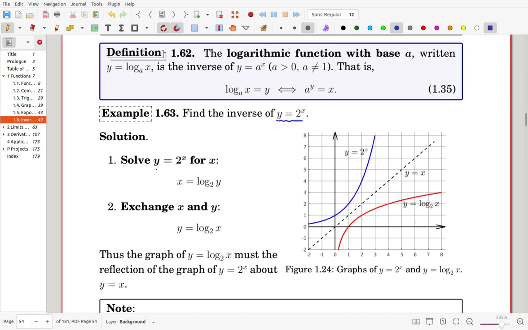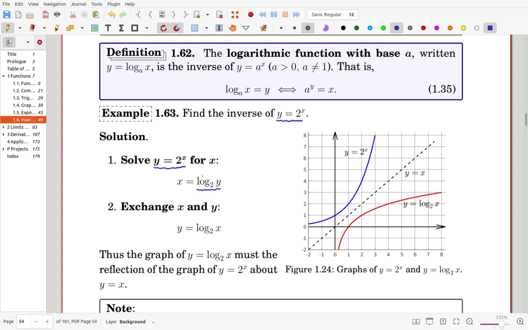Now, the first step of finding the inverse is solving for x. We have to solve it for x, but it is not elementary operations like addition, subtraction, multiplication, and division. So symbolically, we introduce a symbol log along with base 2, and this portion is now a function of y.